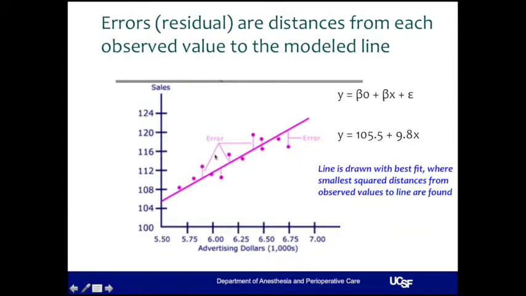You say, we spent let's say $6,000 on advertising, and we made $110,000 on the product, etc. You put all of these points on this graph, and then a line is drawn with what we call a best fit, where all these points have the smallest distance from this line.